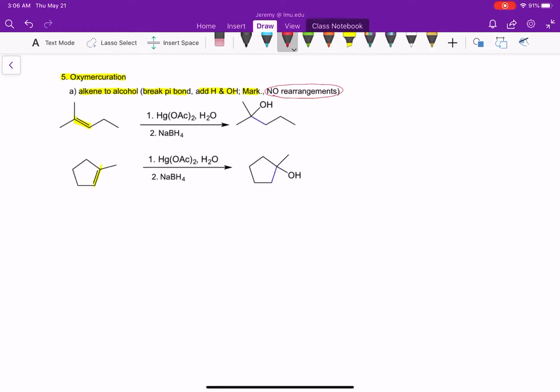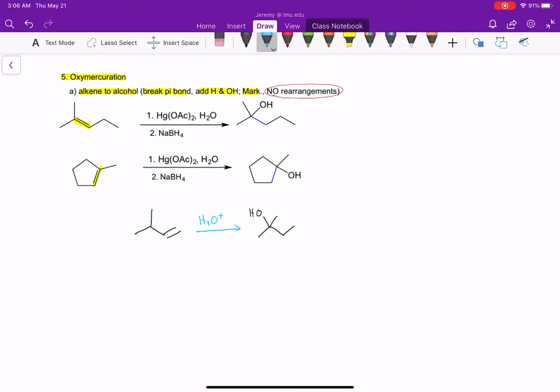No rearrangements, right? So a scenario on how you differentiate these two reactions is if we took this alkene here, right? So if we use the acid-catalyzed hydration reaction, we know that that's going to undergo a rearrangement to form an alcohol.